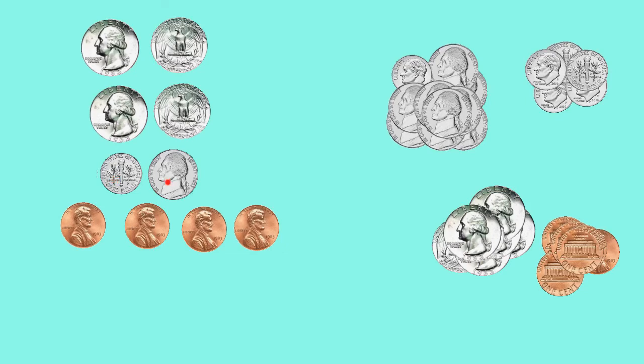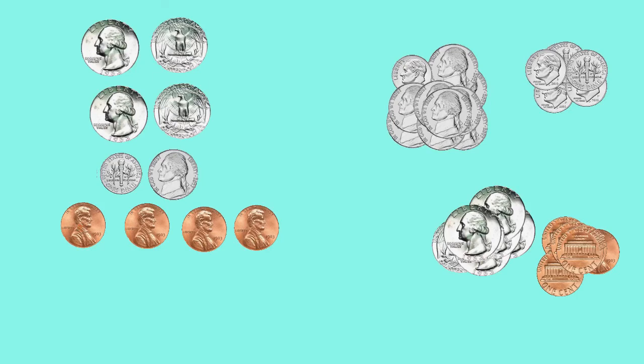Good. All right, and our next one is what coin? Get ready. And how much is it worth? Get ready. Yes, it's a nickel and it's worth 5 cents. Good. All right, and the last one is a, get ready. Yes, it's a penny and it's worth how much? Yes, 1 cent.